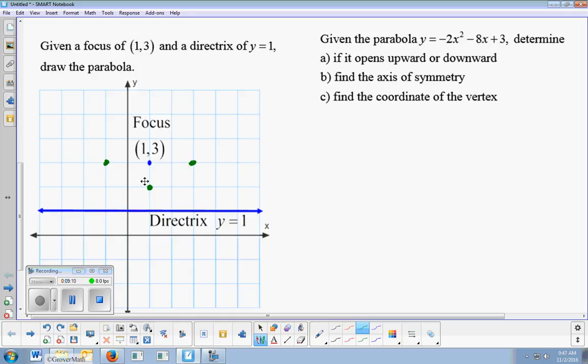Other than these 3 points, the other points here are tough to get. I will tell you that there's another one over here, and I can tell that because it's 5 above the directrix. Now, this distance is kind of hard to say because I can't just count boxes. But I can see that this is kind of a hypotenuse of a right triangle here.